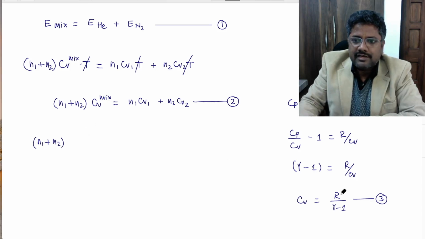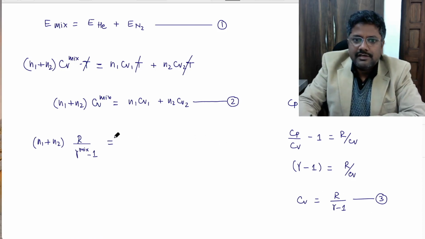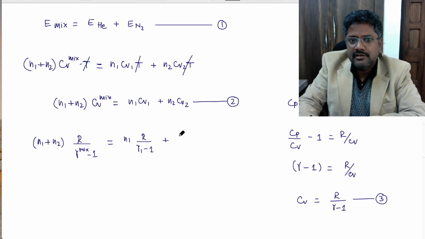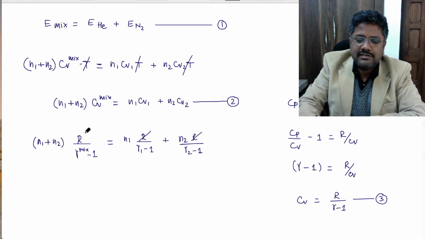Now use these two equations, equation 2 and equation 3. You can write (N1 plus N2) times R by gamma mixture minus 1, because R is the same for the mixture and for the pure gases, is equal to N1 times R by gamma 1 minus 1 plus N2 times R by gamma 2 minus 1, right? So this R is also cancelled.